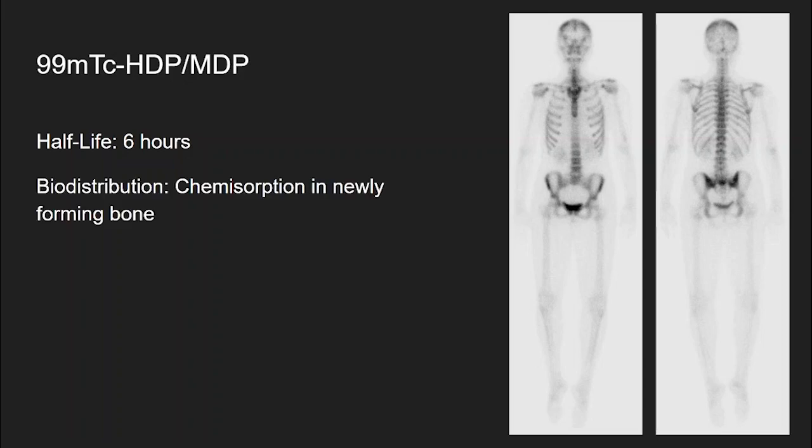So let's start off with 99m technetium HDP/MDP. These are two radiotracers commonly used in bone scintigraphy. Both of them have a 6-hour half-life owing to the 99m technetium radionuclide that they contain, and both are incorporated into newly formed bone through direct chemoabsorption.